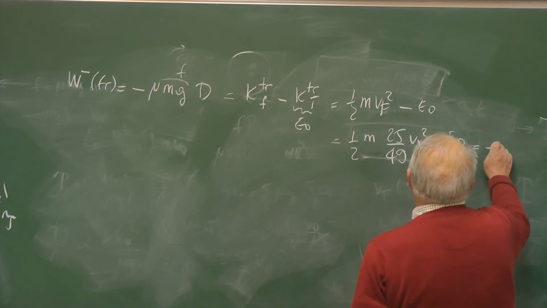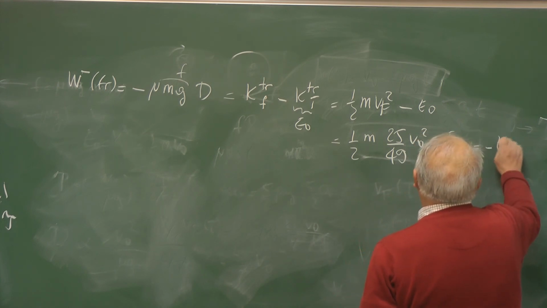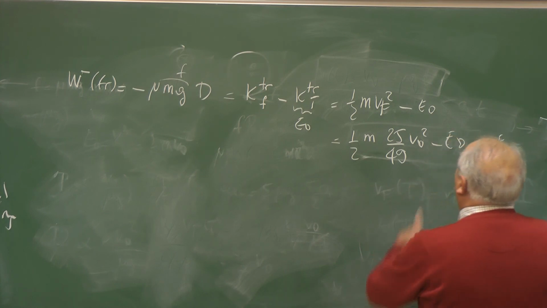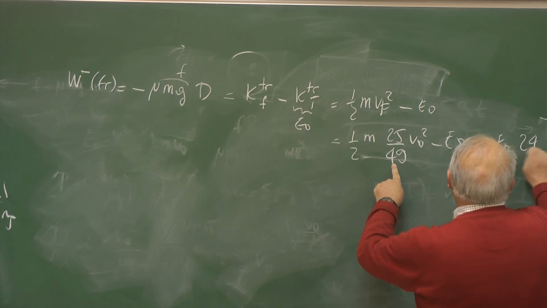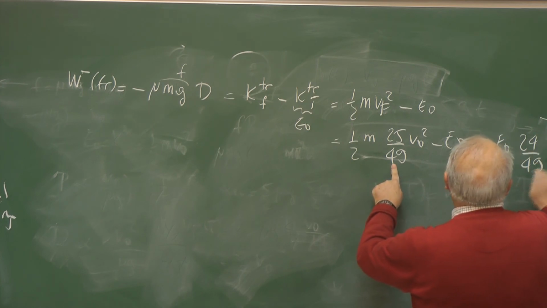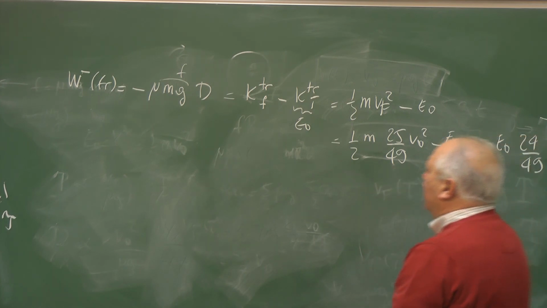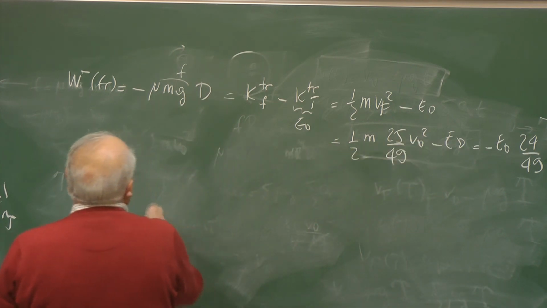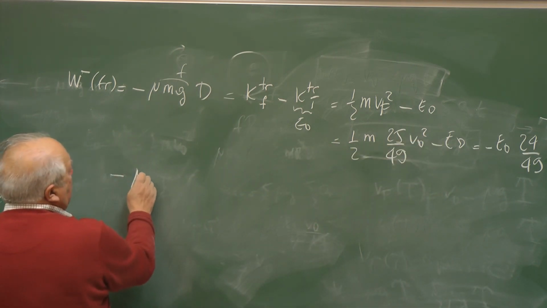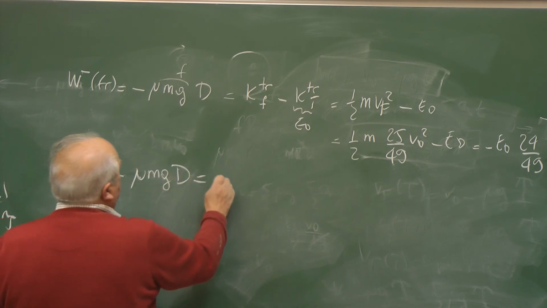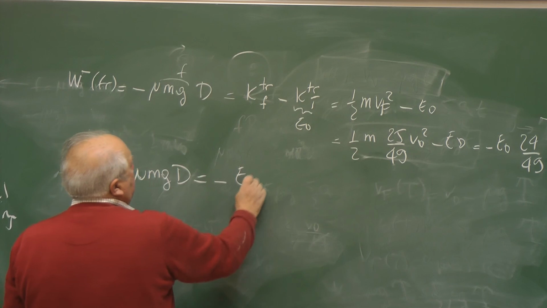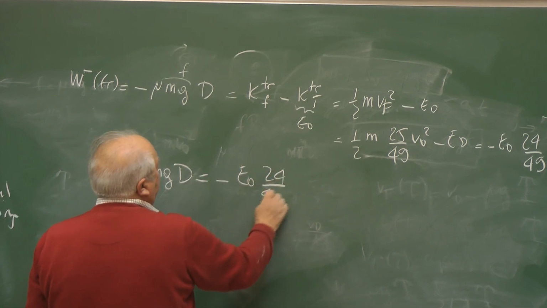So it is minus E0 times 1 minus 25/49, 24/49 E0. So minus mu mg d is equal to minus E0 times 24/49.